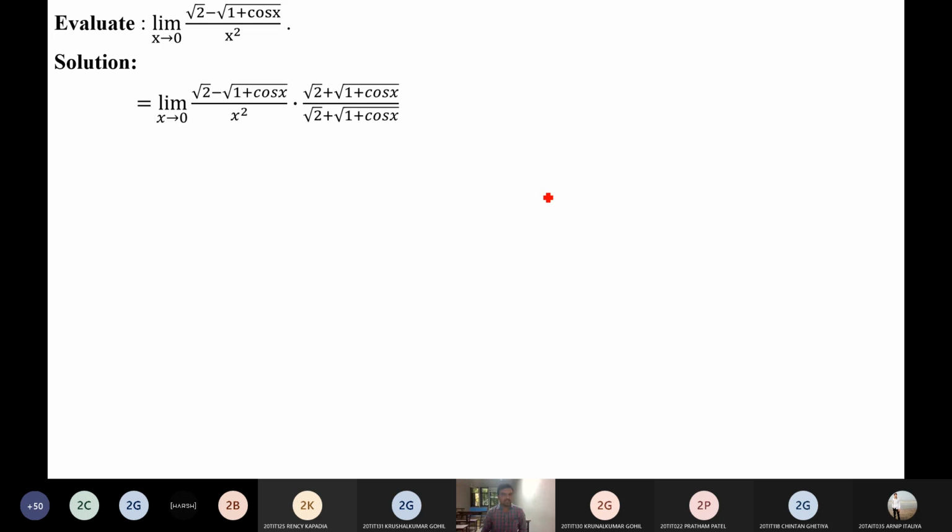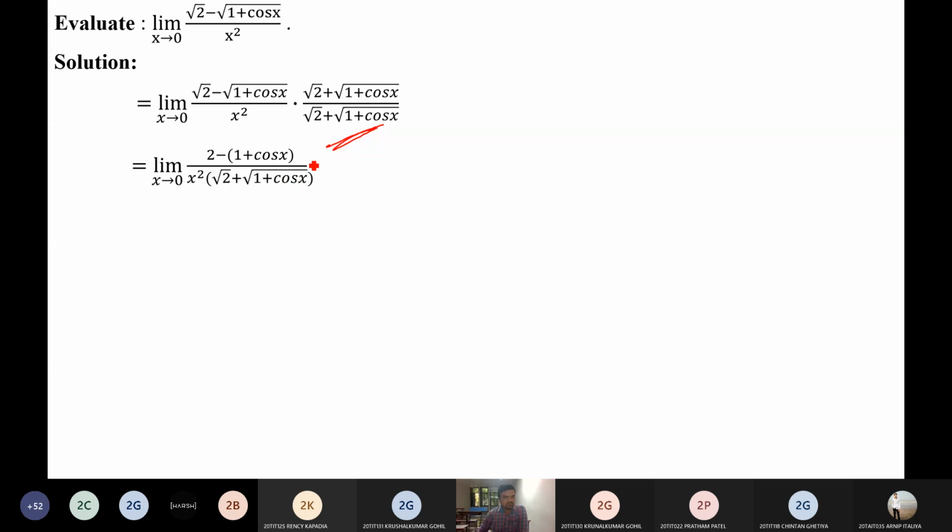I multiply and divide by root 2 plus square root of 1 plus cos x. If you multiply numerator and denominator, you have 2 minus (1 plus cos x) divided by x squared into (root 2 plus square root of 1 plus cos x).